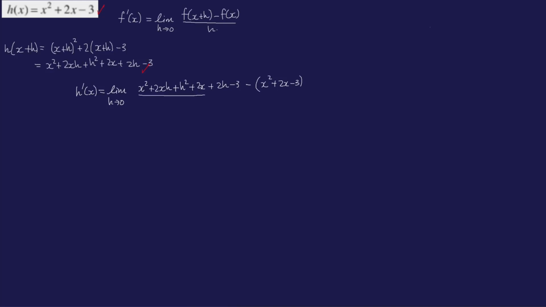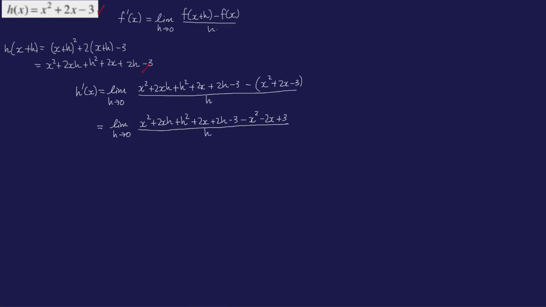And that's all divided by h. Now we need to simplify. So the limit as h approaches 0, x squared plus 2xh plus h squared plus 2x plus 2h minus 3 minus x squared minus 2x plus 3, all divided by h.